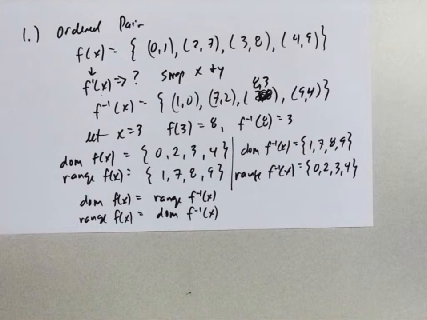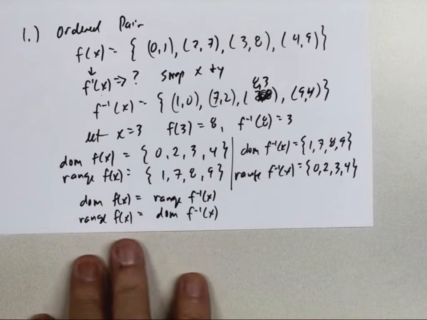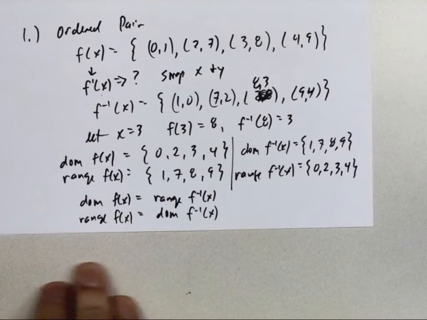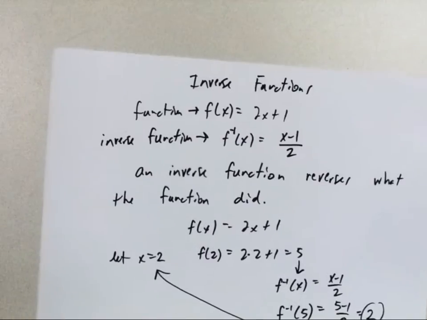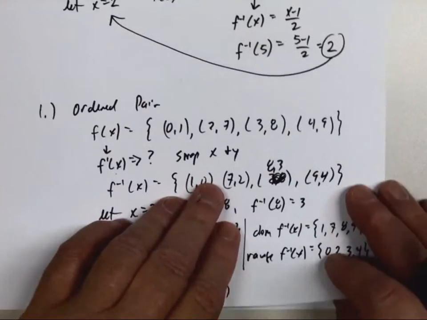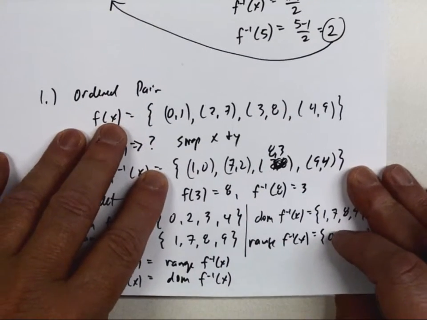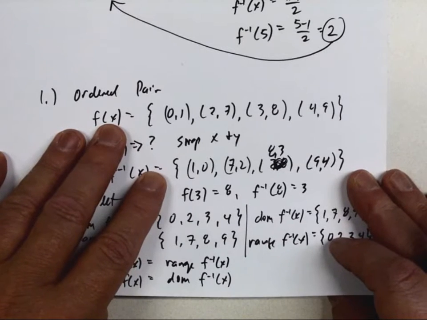It's like they get swapped. So that rule is going to apply to ordered pairs. Now let me show you one more thing. I'm going to prove it to you with ordered pairs, but the same principle applies with graphs and equations.